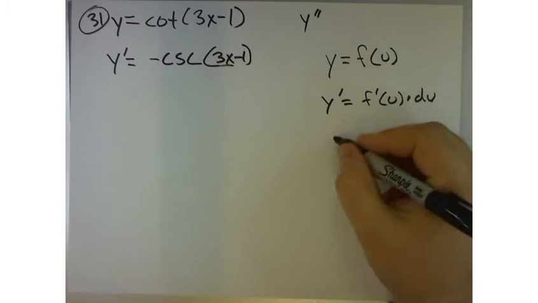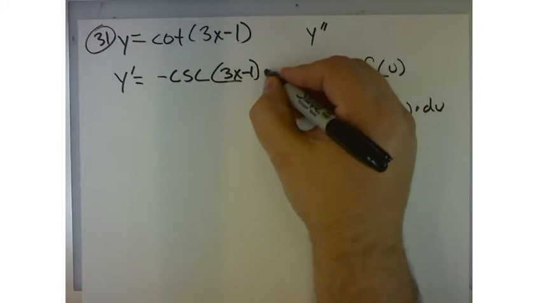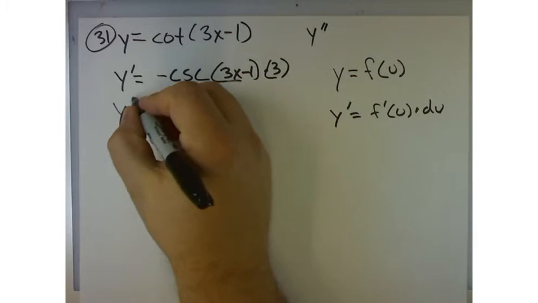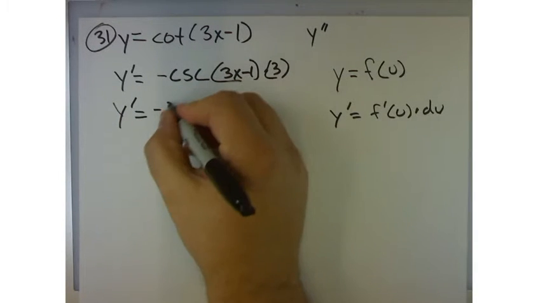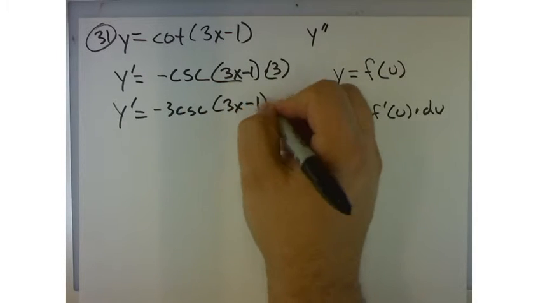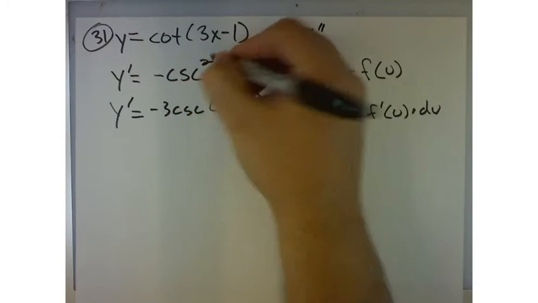I'll talk more about that in the next section. But I need to multiply this by 3, because that's the derivative of the stuff on the inside. So I've got negative 3 cosecant of this stuff. Okay? Oh, and it's squared. Sorry, I forgot to write that down.